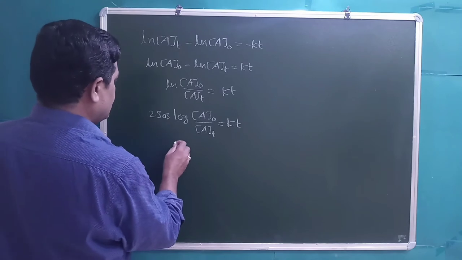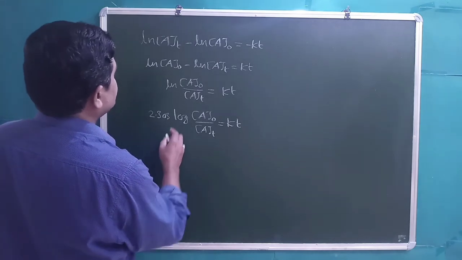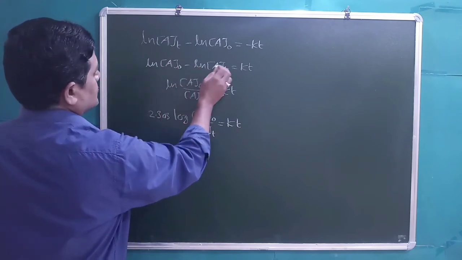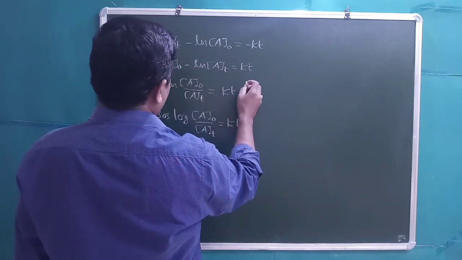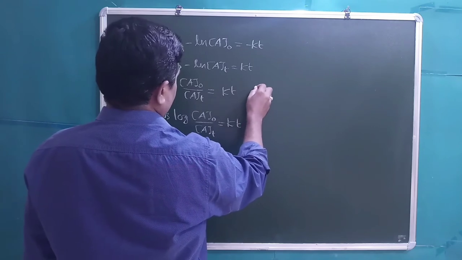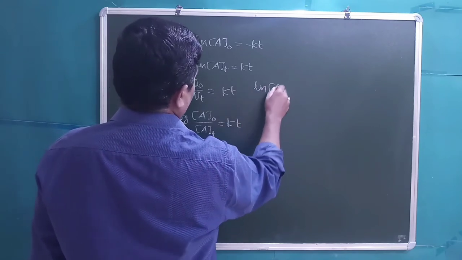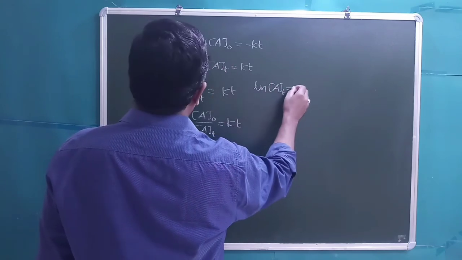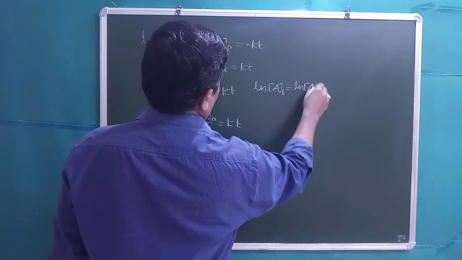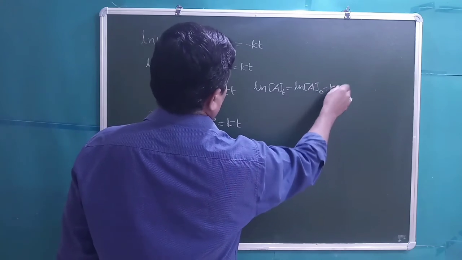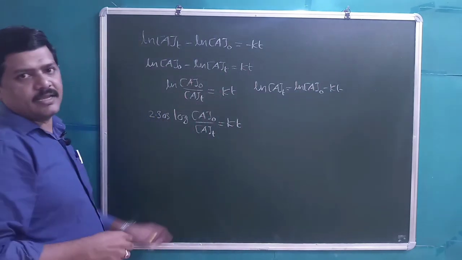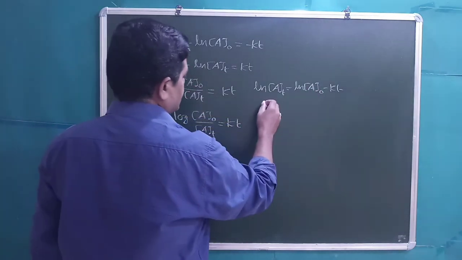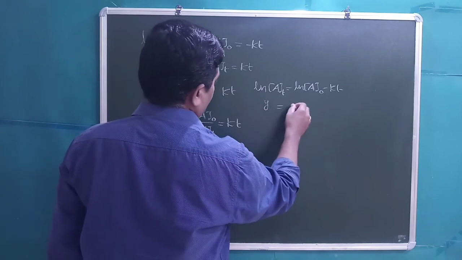Students, from this equation we can draw a graph. What is required for us is ln At is equal to ln A naught minus kt. Students, this is in the form of y is equal to mx plus c.